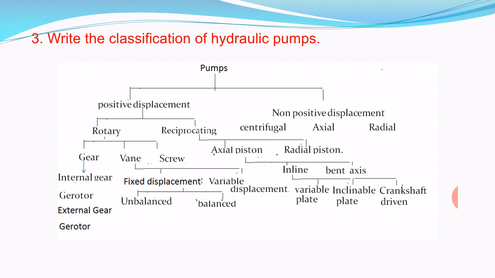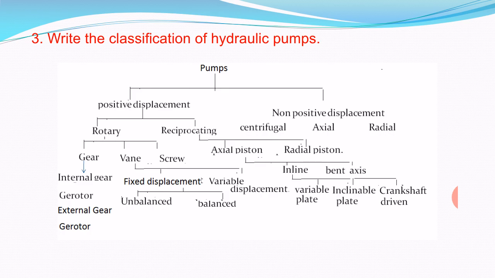Next one is question number 3. Write the classification of hydraulic pumps. The pumps used in hydraulic or fluid power systems may be classified into two types. The broad classification is positive displacement and non-positive displacement.